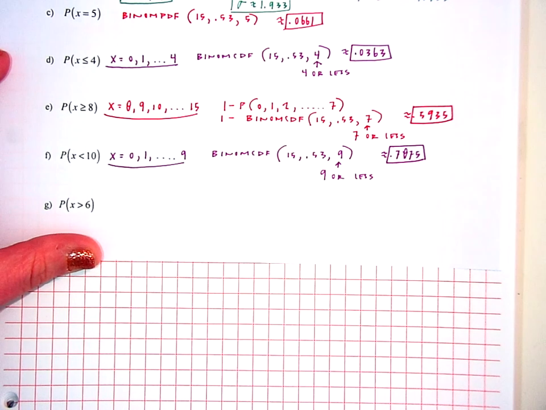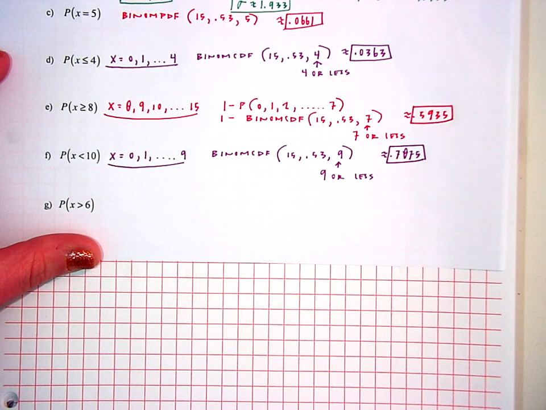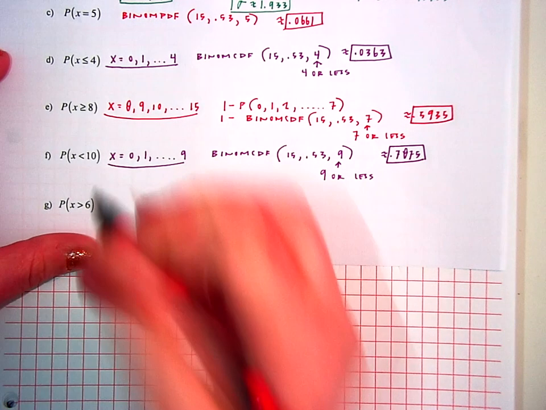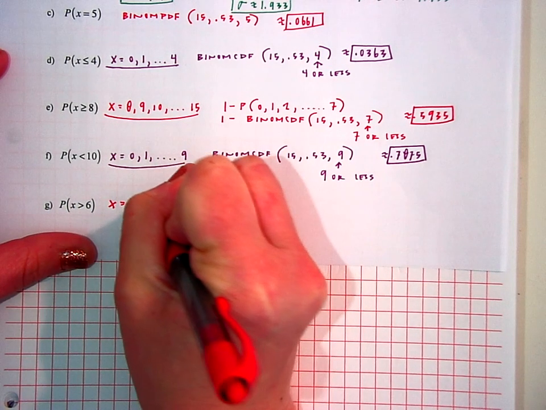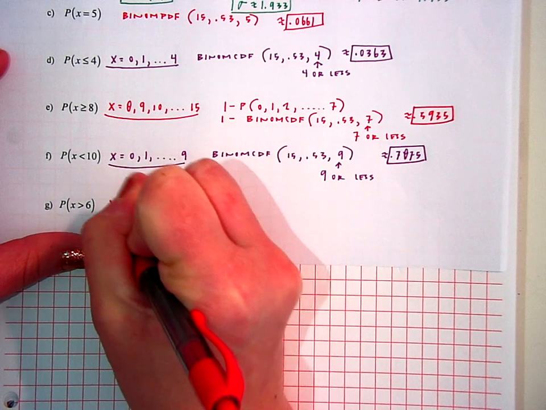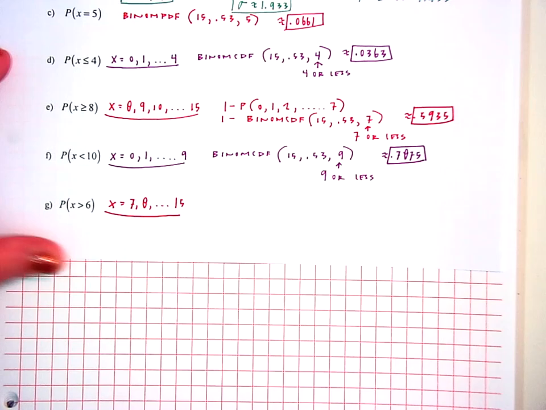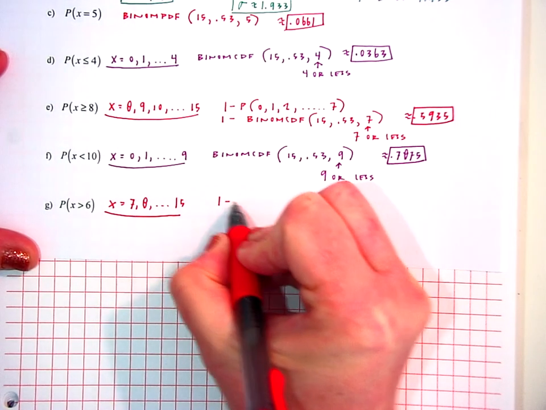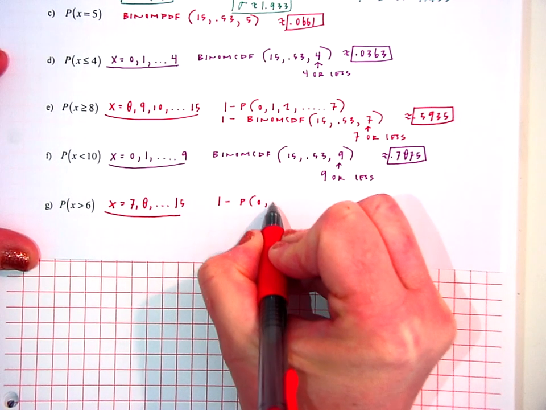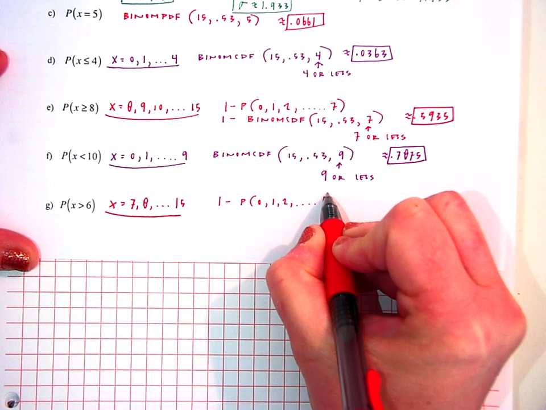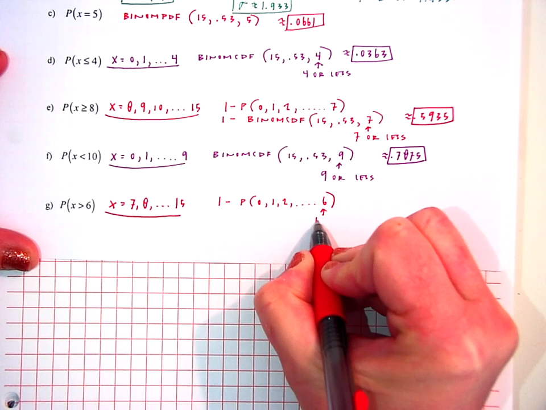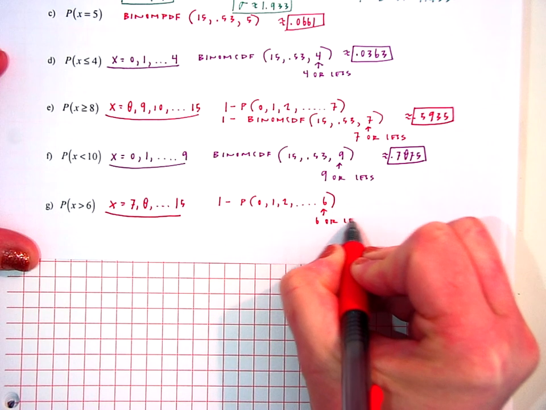Okay, and then here the last one, X is greater than 6, so here it doesn't include 6, right? It could be 7, could be 8, or anything all the way up to 15. So here's another complement one, where I have to do 1 minus the probability of it being 0, 1, 2, all the way up to 6, right? Which is 6 or less.